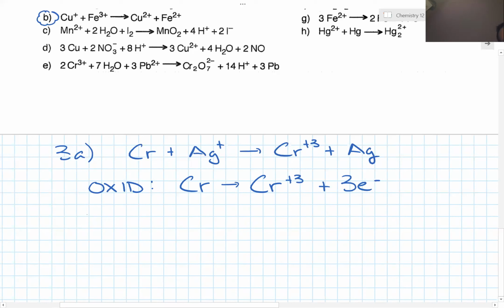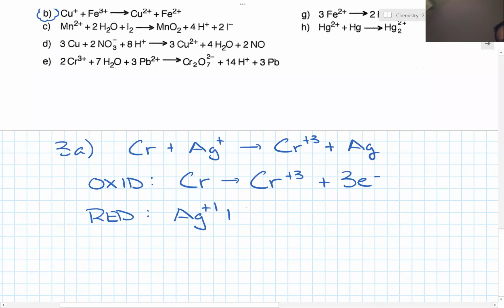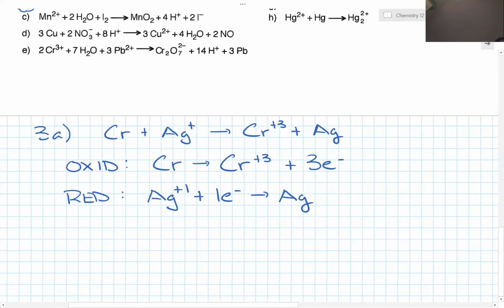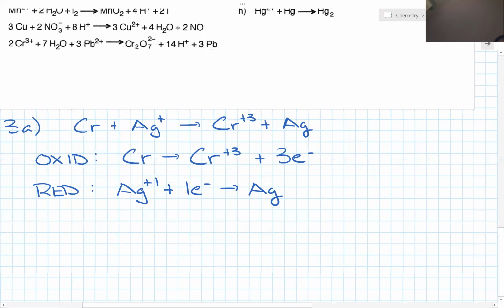Now for the reduction, we have silver 1+ plus an electron gives you silver.